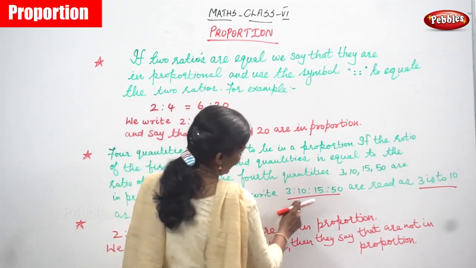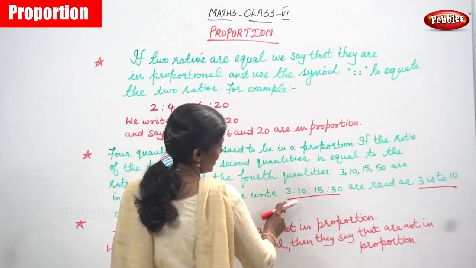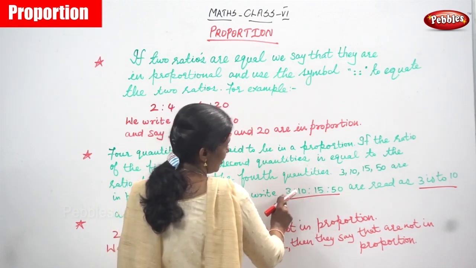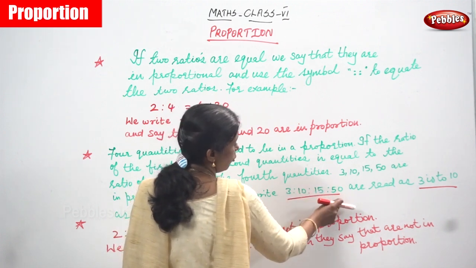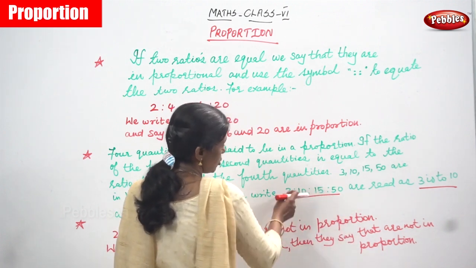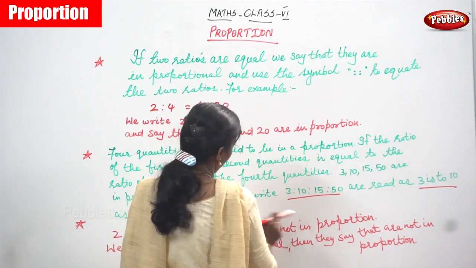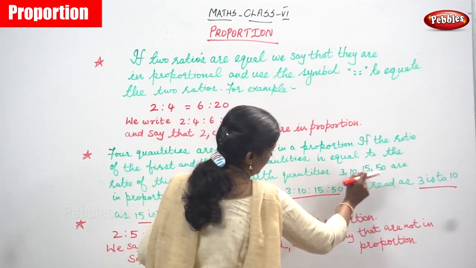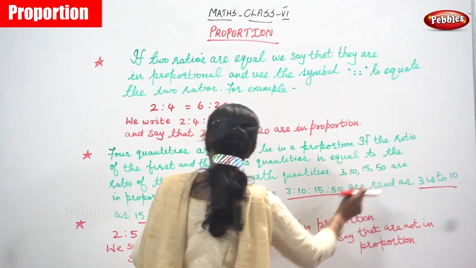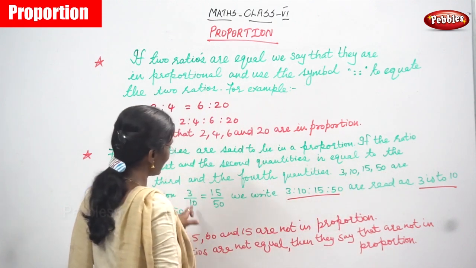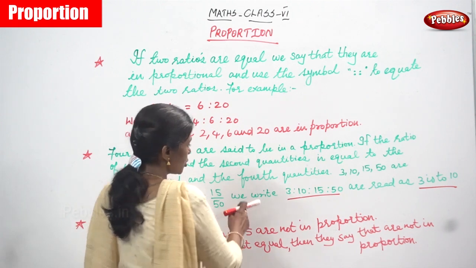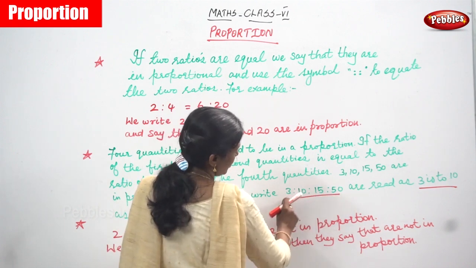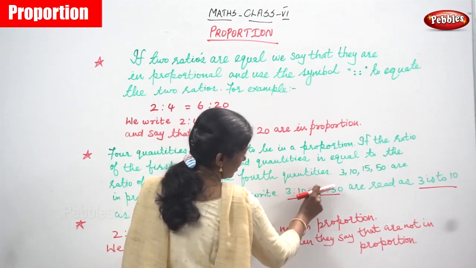Here the first and second ratio, 3 by 10, is equal to the third and fourth ratio, 15 by 50. So we write 3:10 :: 15:50. This is the first and second, this is the third and fourth.